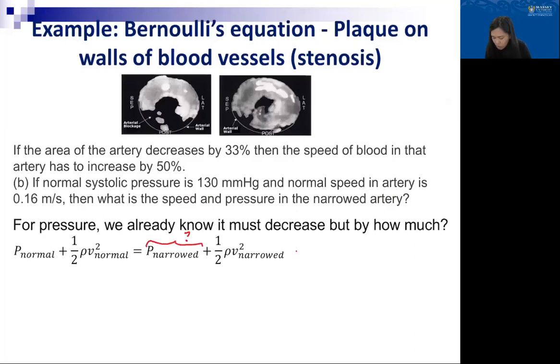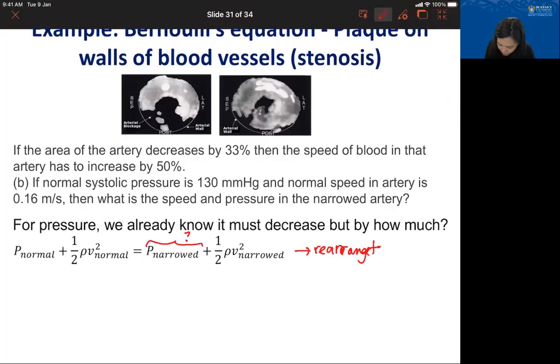So we need to rearrange to isolate P narrowed, the new pressure in the narrowed part of the artery.